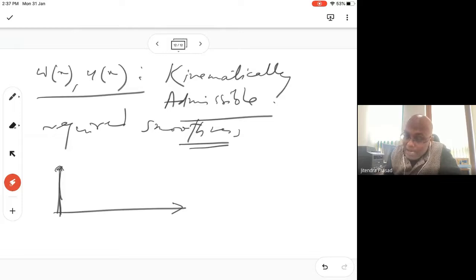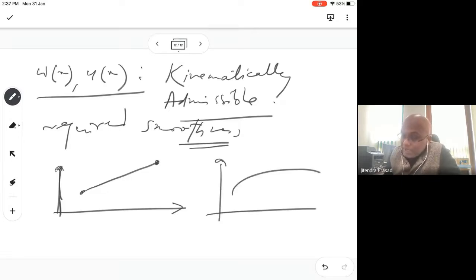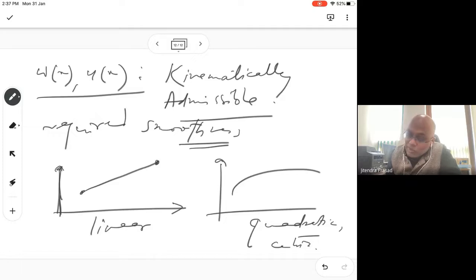As long as, for example, you can have something like this. From here to here, let us say you have like this. Or you can have like this. So this is the linear function. This could be quadratic or cubic also possible, and so on.